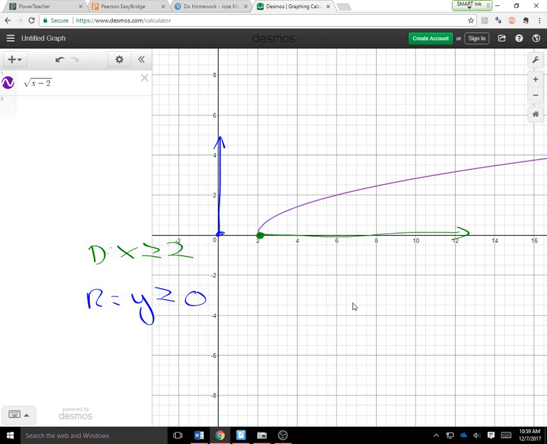Math. So you can keep that there for a second.